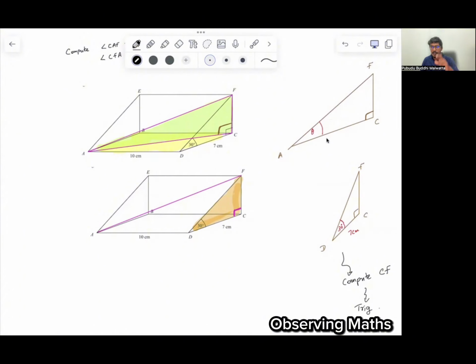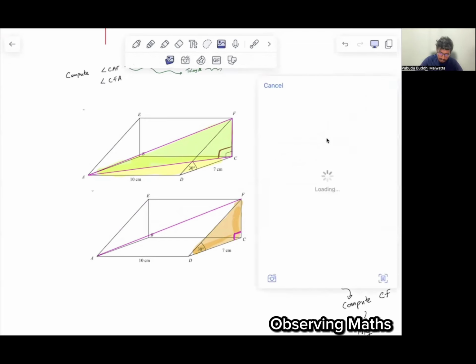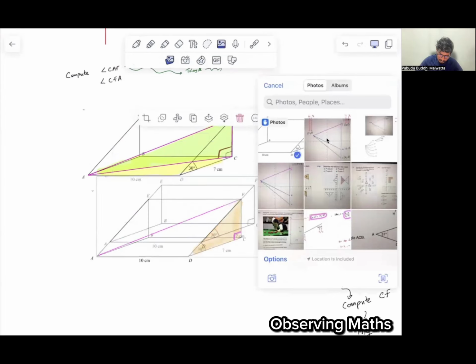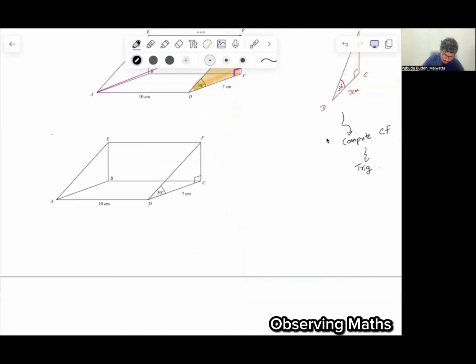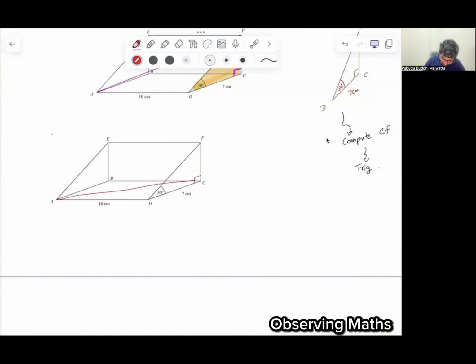But then we need another length. So this length is fine. AC or AF. I think computing AC is much simpler. For that, I'm going to use another triangle, this one.